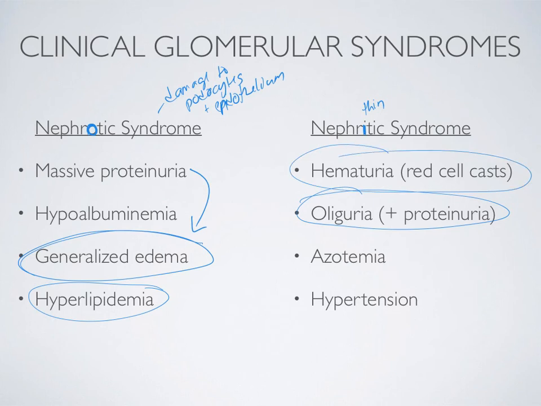I'm not making much urine. I found a little bit of blood in my urine. And then when you do blood tests, you realize that they have azotemia, high blood urea nitrogen levels. And frequently, they have hypertension, probably because the kidney damage causes dysregulation of the renin-angiotensin system.